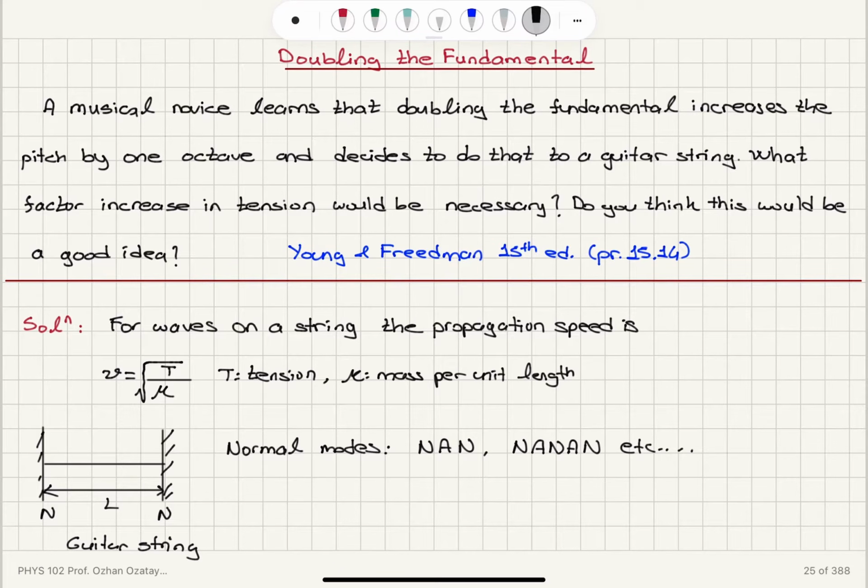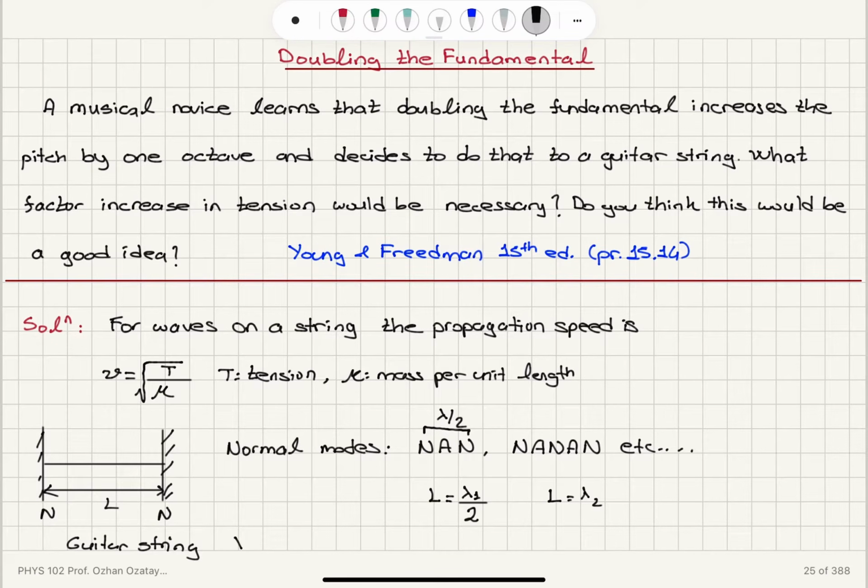And for the fundamental, node, antinode, node, we have half a wavelength between two consecutive nodes. So L, the length of the string, would be equal to the wavelength lambda 1 divided by 2. For the second harmonic, it would be equal to a full wavelength, because we have a distance from one node to the consecutive node of lambda over 2.